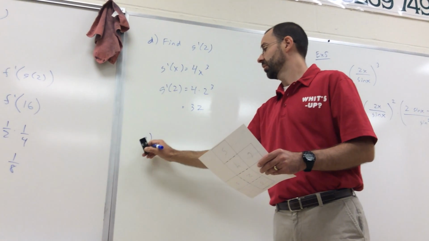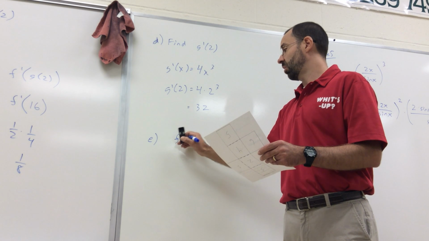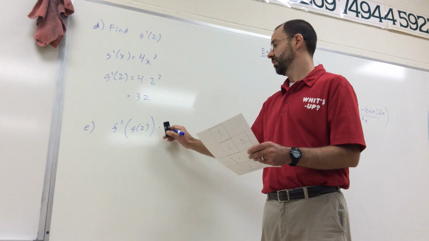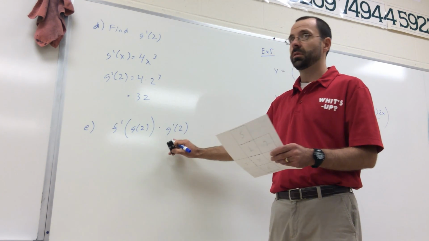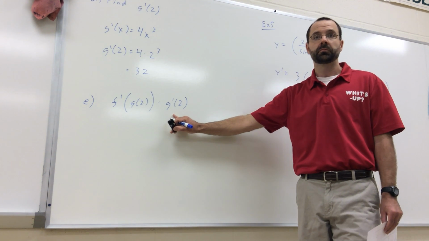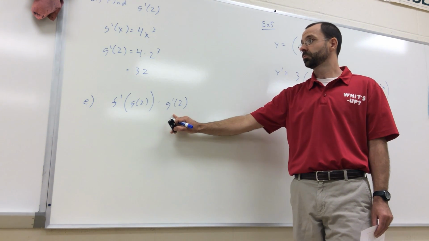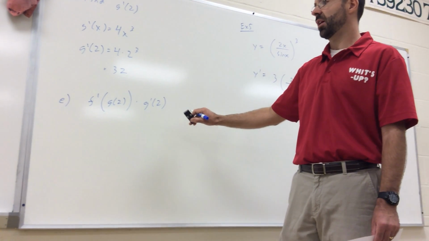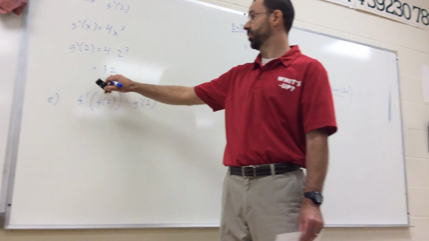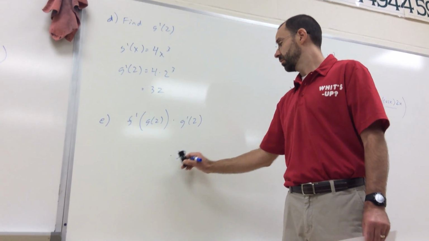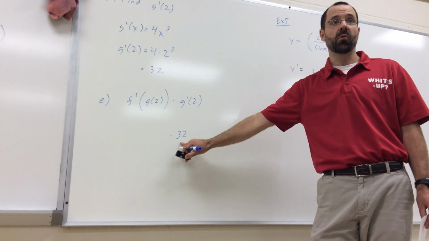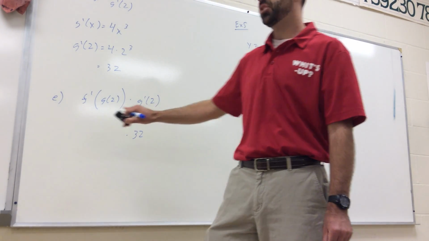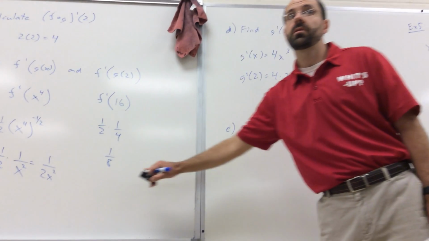Okay, so now we're going to figure out f prime of g of 2 times g prime at 2. g prime at 2 was 32. So I'm just taking my answer that I got from before. And then f prime at g of 2 was 1/8.